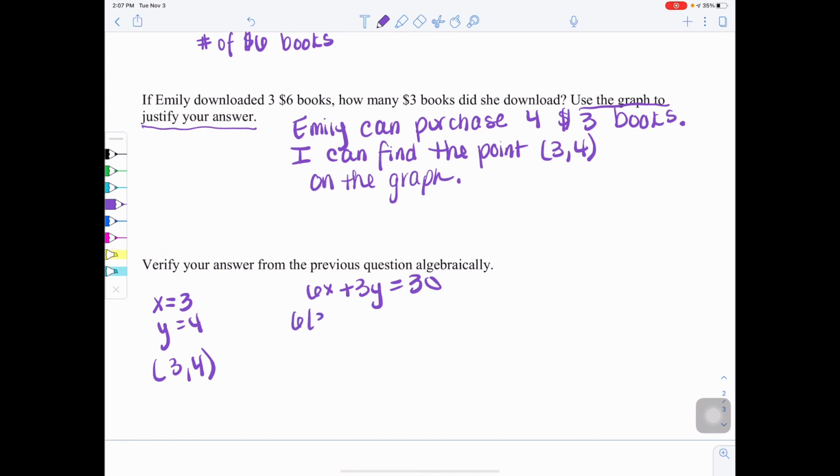Replace my x with a 3 and my y with a 4. This would be 18 plus 12, and that indeed does equal 30. So now I verified it algebraically, and you can see the difference between those two questions. And that concludes your lesson on graphing in standard form.